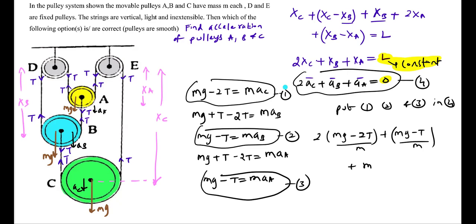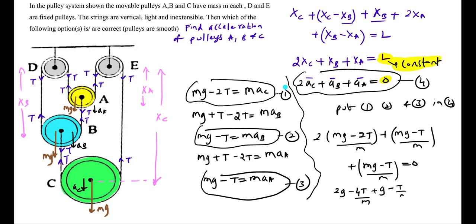Acceleration of A will be the same. Solving this, this will be 2g minus 4T by m, plus g minus T by m, plus g minus T by m equal to 0.